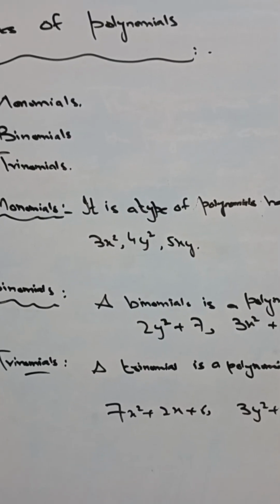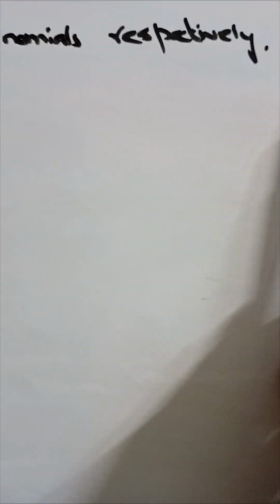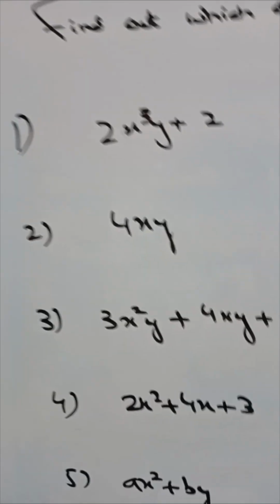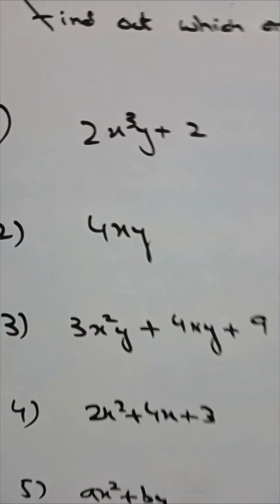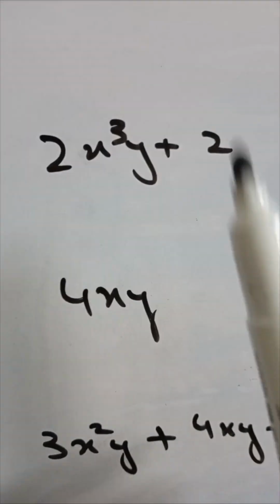I hope it's clear. Find out which one is a monomial, binomial, and trinomial respectively in the following examples. So let's begin. Number 1, 2x³y + 2. Tell me, which one has two terms? Think about it. Yes, right. Binomial. Having one term is known as a monomial. Having three terms is known as a trinomial.